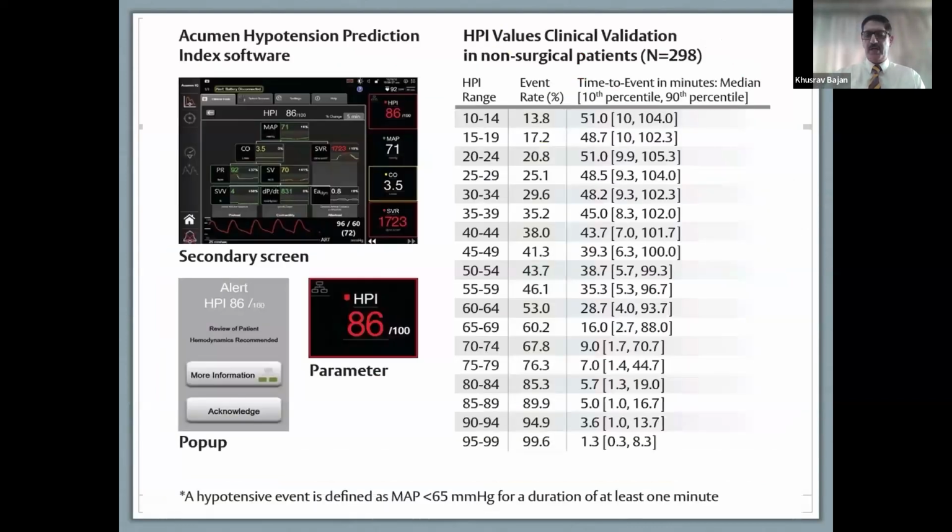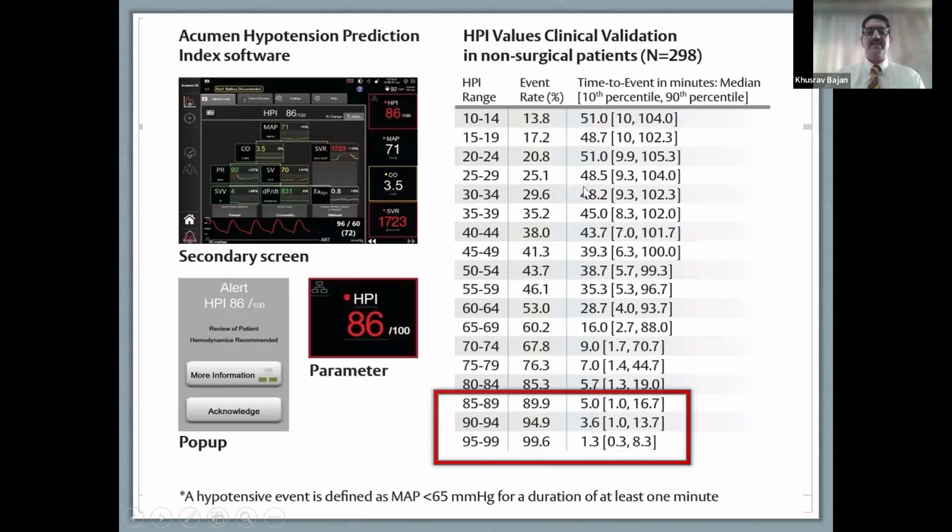And here you have a monitor just like that. And as you can see, if the HPI range is above 85, then there is a 90% chance in the next 5 minutes that the patient will be hypotensive. And if it is 95 to 99, there is almost 100% chance that in the next 1 or 2 minutes, the patient is going to be hypotensive.